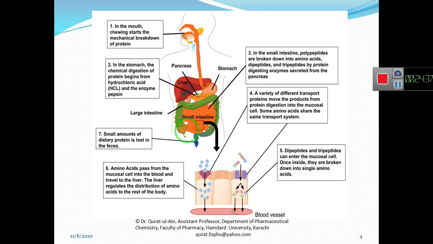So what do these chymotrypsin and trypsin do? They also break down the peptide bonds, or hydrolyze the protein. So with the help of all these pancreatic enzymes and the small intestine enzymes, what happened?